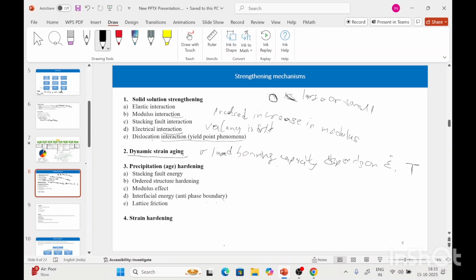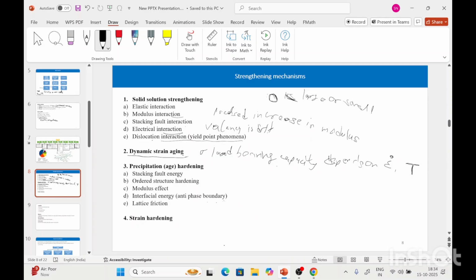If some alloying element is present, that alloying element will hinder the dislocation motion, and this hindrance can only occur if the alloying element has time to diffuse to the dislocation. So at low strain rate, the alloying elements can easily catch the dislocation and hinder its motion, but at high strain rates, they cannot hinder the dislocation motion.